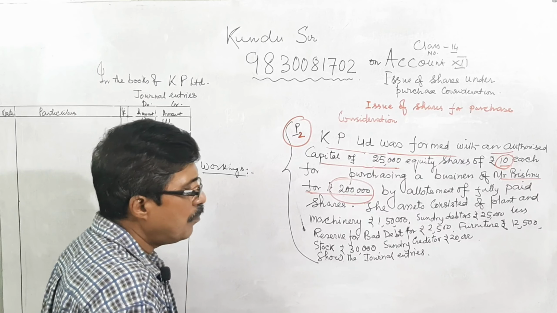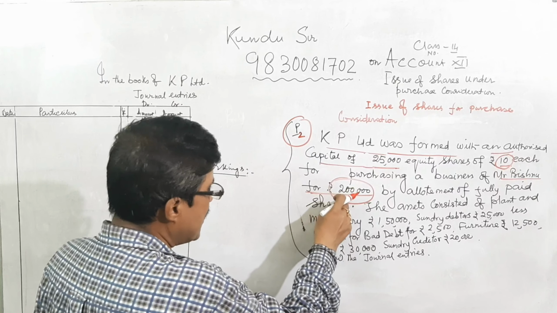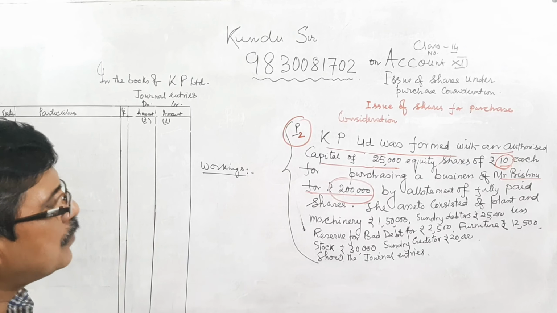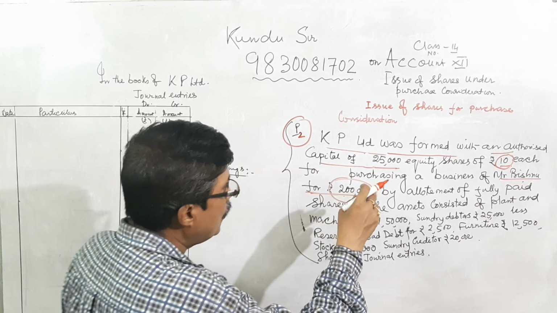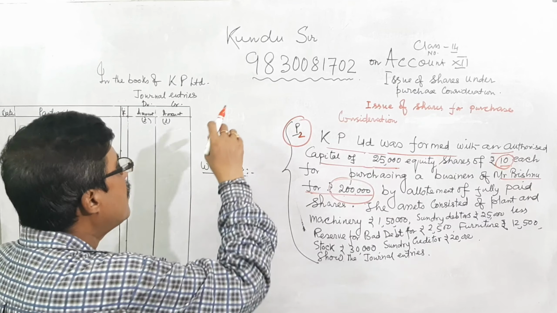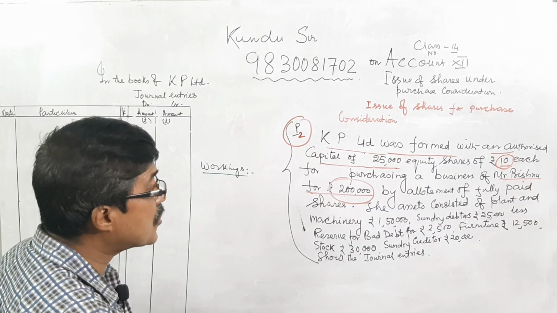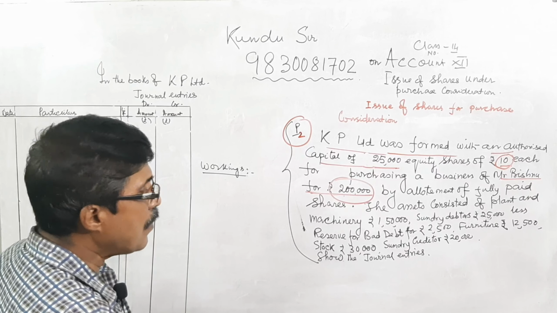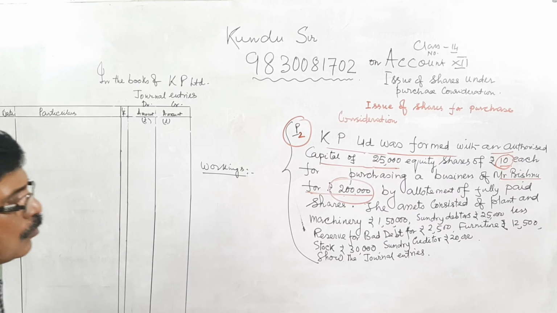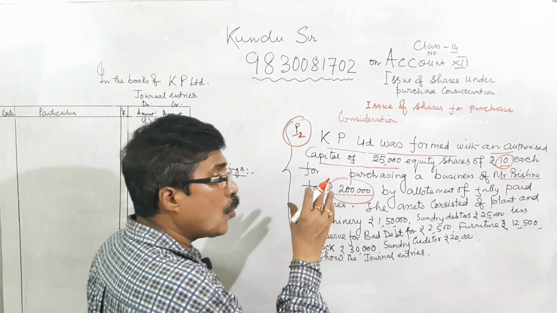I am again reminding all of you, the net purchase consideration is 2 lakhs, and if we give Mr. Vishnu rupees 2,25,000 against purchase consideration, then the net asset value is to be compensated by issuing shares. When the value of the shares is more than the net asset value, asset minus liabilities, then it will be considered as goodwill.